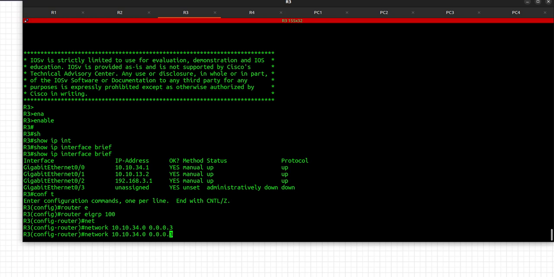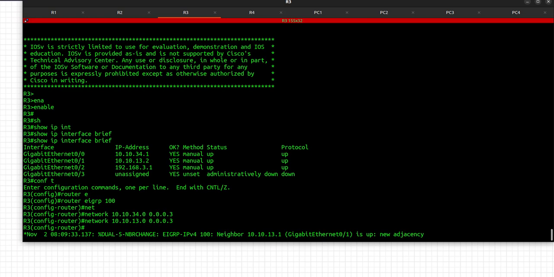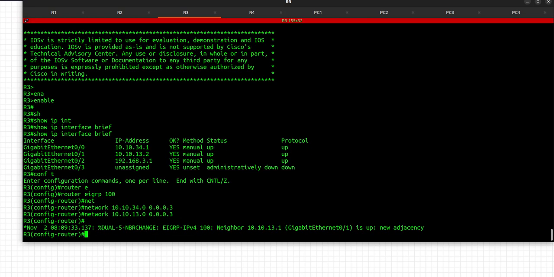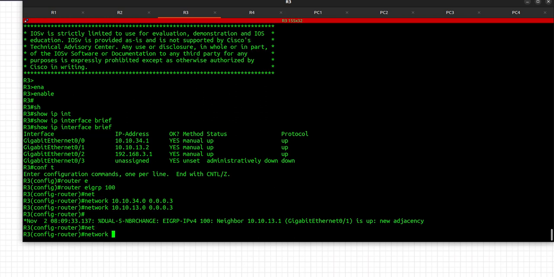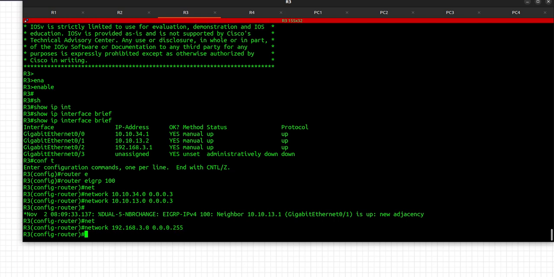Okay, the second is 10.10.13.0. Okay, and the adjacency is up with router 1, and the last one is the local subnet, 3.0 with 0.0.0.255.